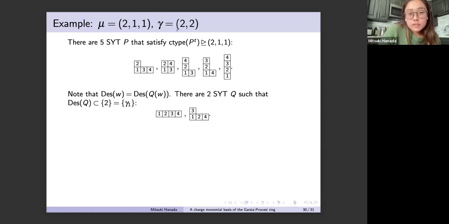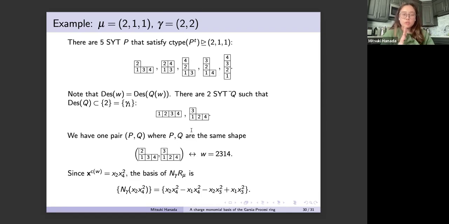So in this case, since our gamma is 2, 2, we just want to find 2 standard Young tableaux where the descent set is contained in 2. There's actually only 2 of them. We have the one row and this hook. And now, because we want them to correspond to permutations, we want to construct pairs P, Q, where P is in the first list, Q is in the second list, and they're the same shape. So there's literally only one possible pairing we can have.